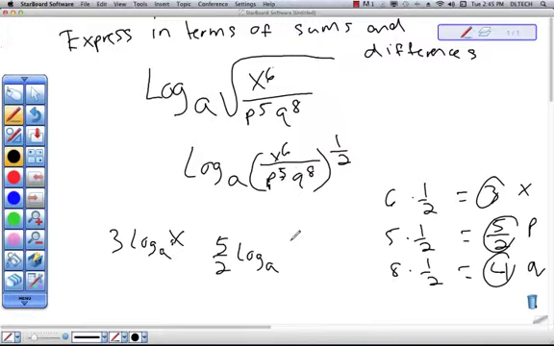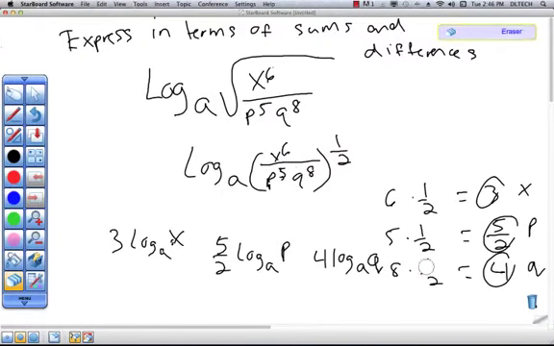We're doing log a of each variable when you're expressing in terms of sums and differences. Q. Erase that for now. Okay.